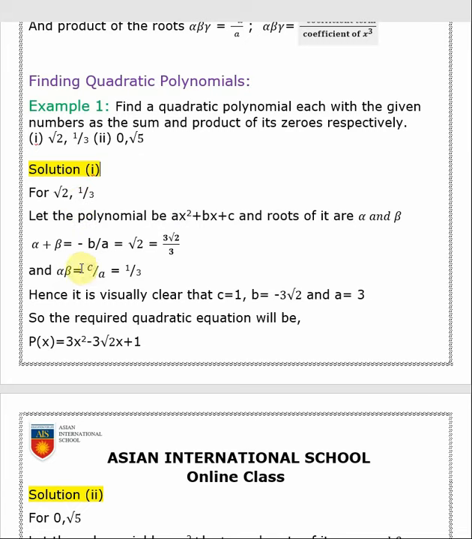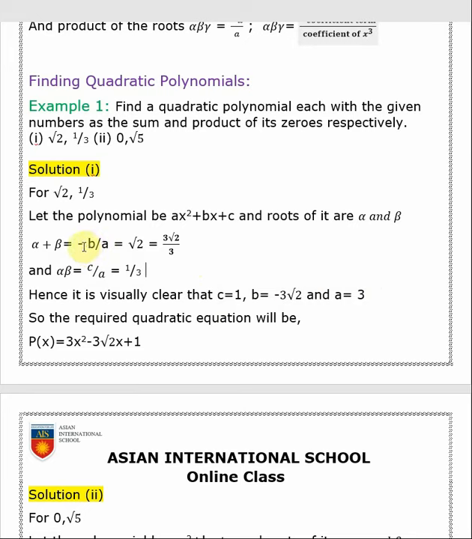1 by 3. That means from this expression I can predict that if I take a as 3 and c as 1, then c and a will easily be found. From this ratio, if we compare left side and right side, if I say c equals 1, then a is 3, and if I take c equals 1, a equals 3, then how much will be b? That will be found from this expression.